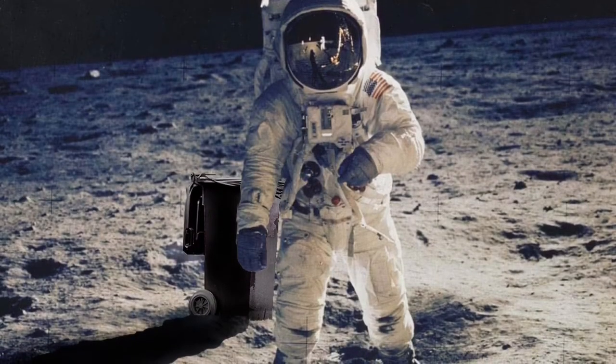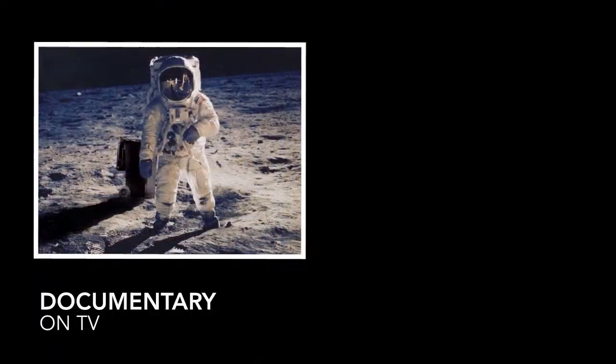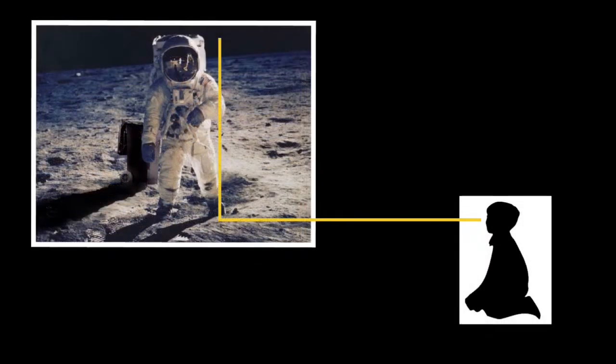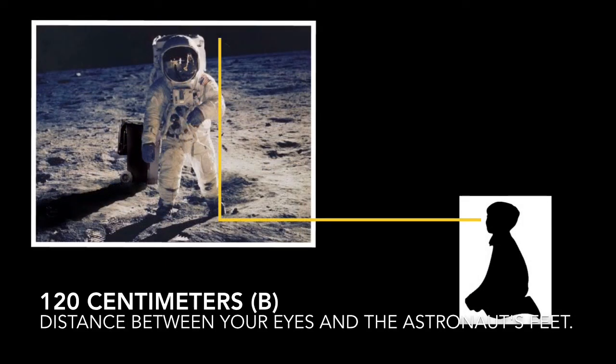So now this catches your attention and you turn directly towards the TV. You realize it's a documentary about the moon landing in 1969. So let's say if we make a line between your eyes and the feet of the astronaut, it would be a parallel line with the floor.